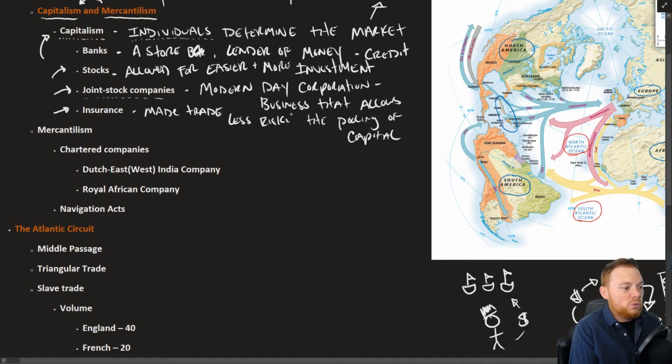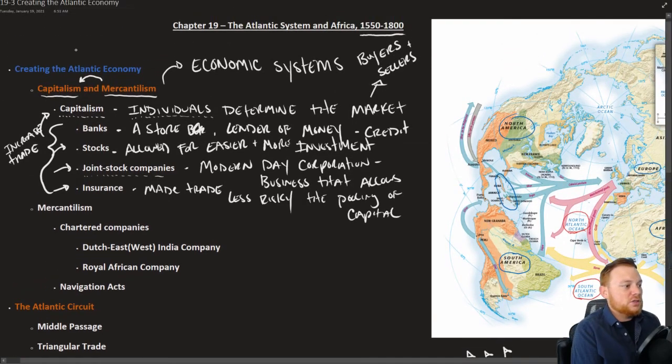So people were more willing to invest in companies because there was commerce insurance. And what all of these things did was really to help increase trade. And the ones who were really good, at least early on in this capitalist system, was the countries of England and the Netherlands.